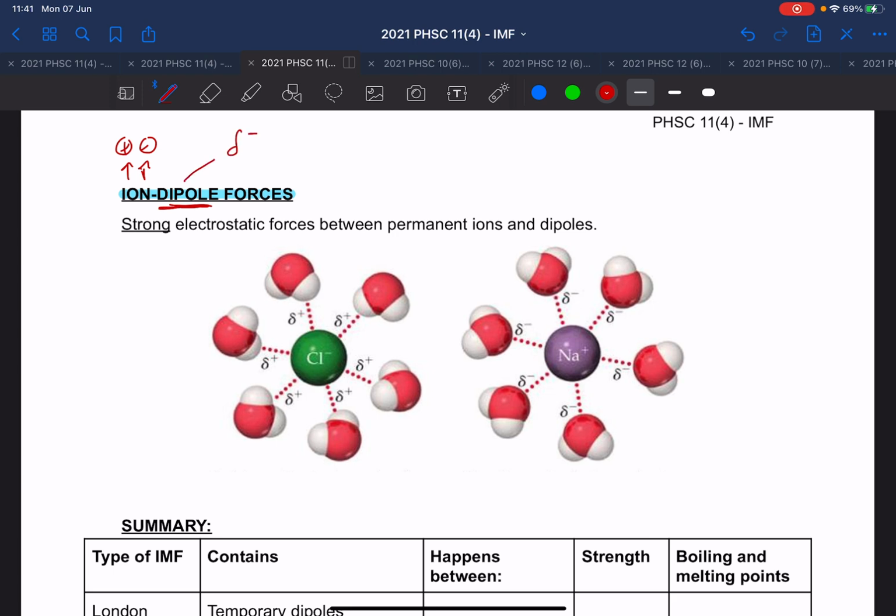So I want you to add it's a very strong electrostatic force. Electrostatic again is positive and negative, or negative and negative, or positive, positive. Just between charged particles. Very strong electrostatic forces between ions and permanent dipoles.